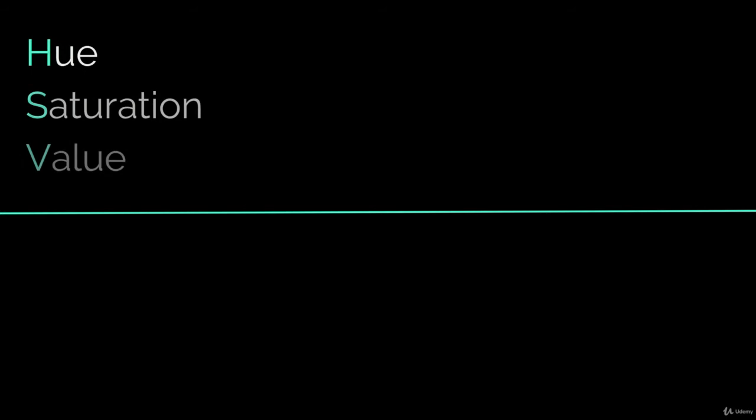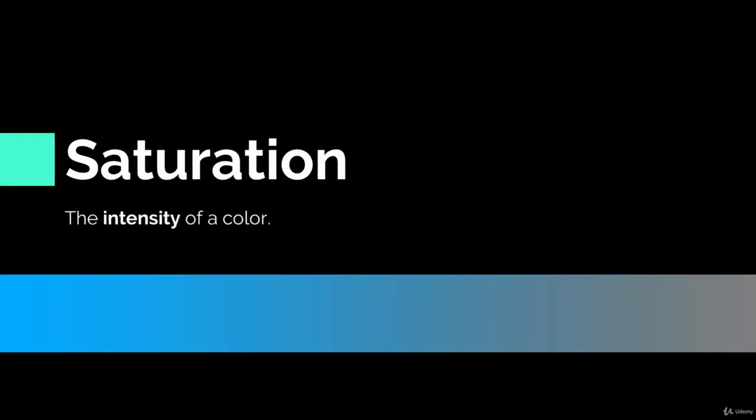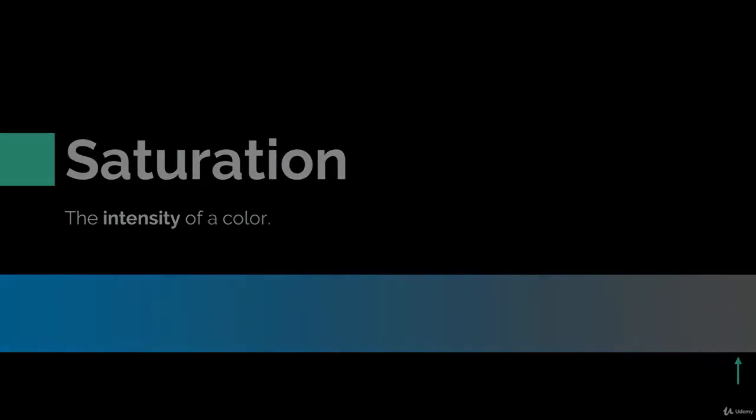The second property on a HSV or HSL color wheel is saturation. Saturation in color describes the intensity of a color and how well that color is reflected back to us. Colors can be highly saturated, showing the purest form of its hue, or can be desaturated until it gets to a point of having gray tones and you no longer see a color.